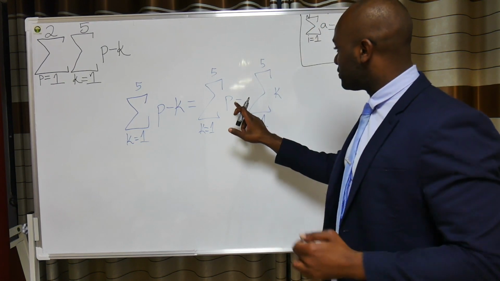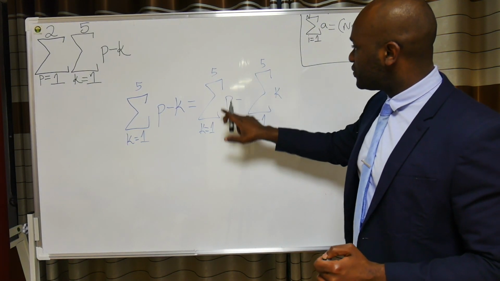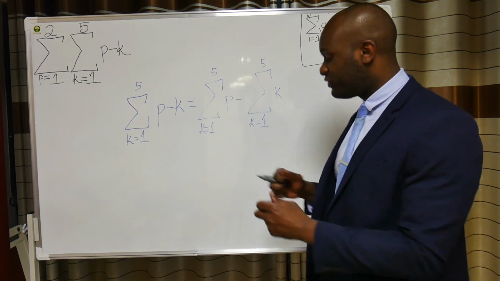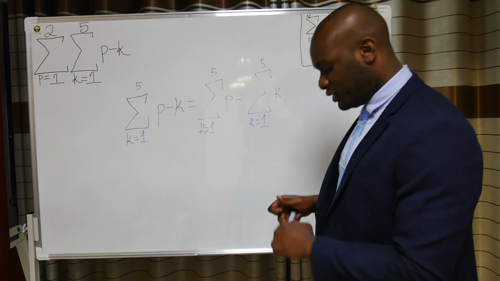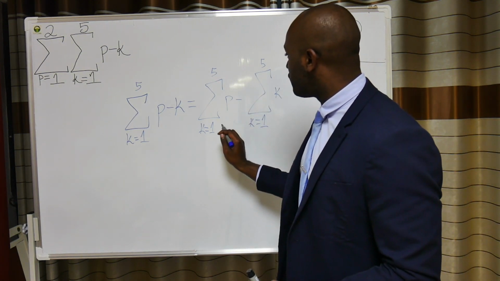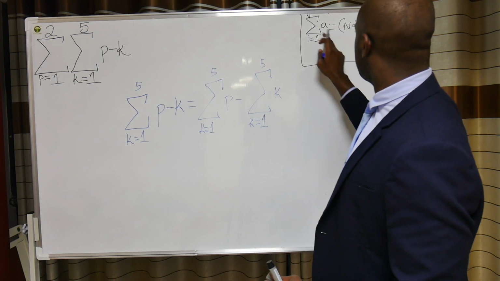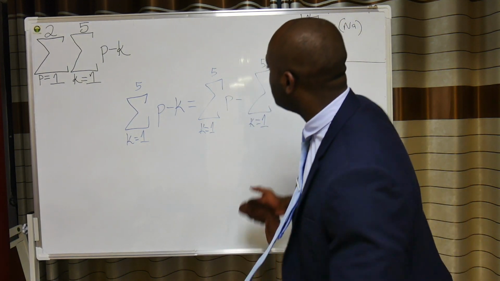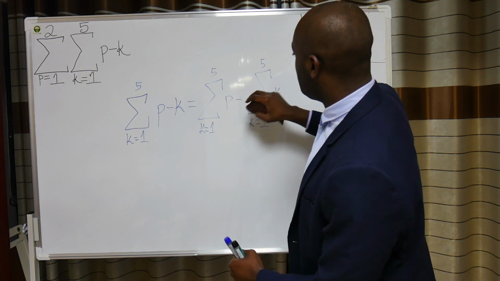Here we have some constant p times 5. So this whole summation is going to be equal to 5 times p, or 5p, just like we had n times a here. I'm going to erase this and replace it with 5p.